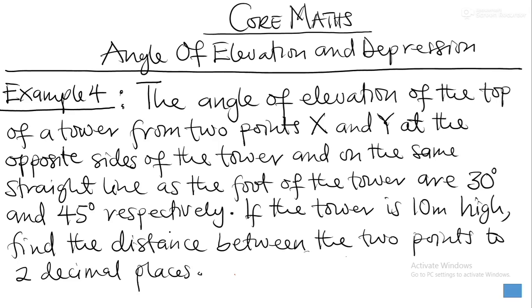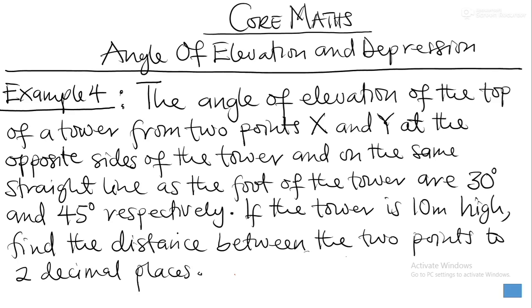So as I said, you read the question to understand. So let's read it again. The angle of elevation of the top of a tower from 2 points X and Y at the opposite sides of the tower and on the same straight line as the foot of the tower are 30 degrees and 45 degrees respectively.